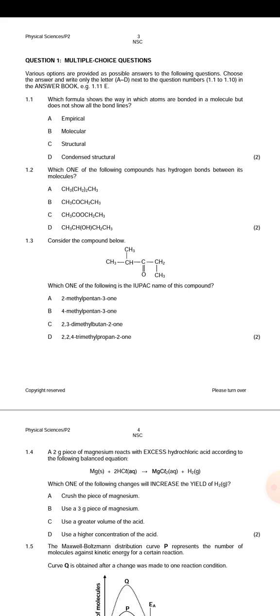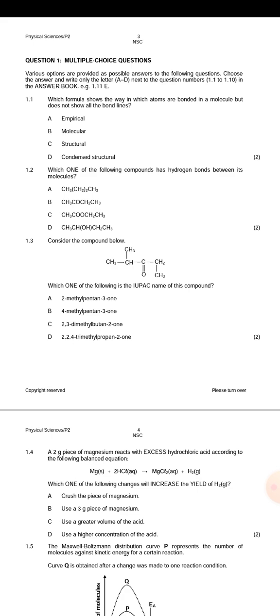That is definitely not an empirical or a molecular. Remember, a molecular and an empirical only shows us which atoms are there and how many there are of each. So empirical being the simplest, molecular all of them the way they are, but doesn't show the way they are bonded. So this leaves our options to C and D.